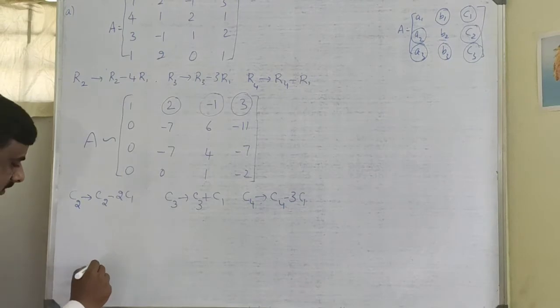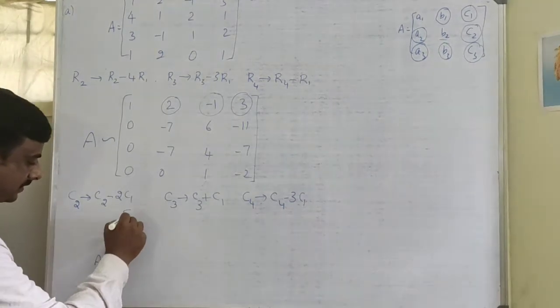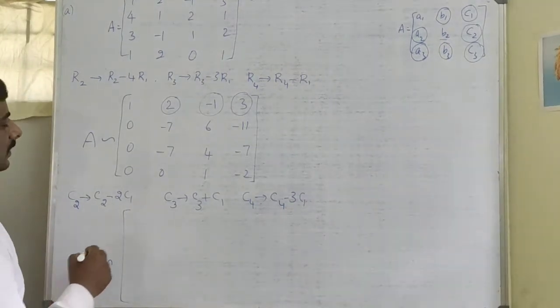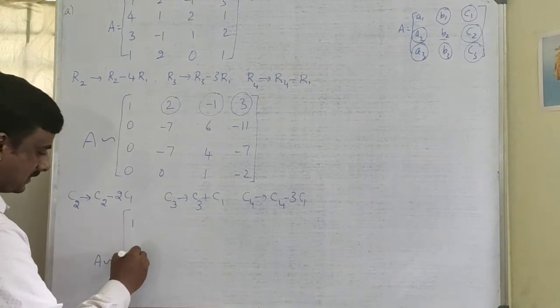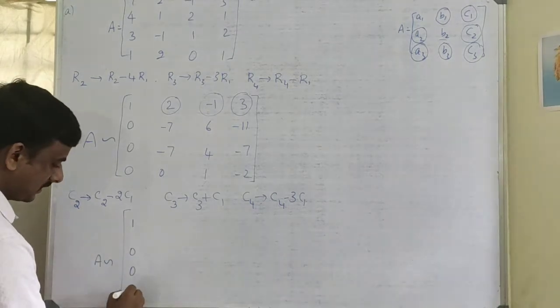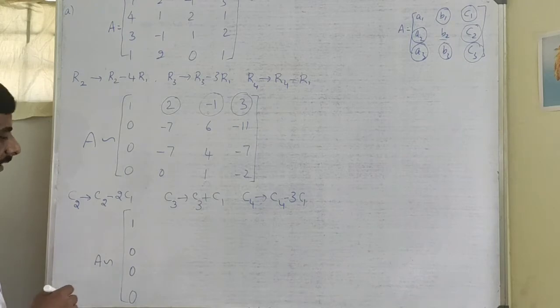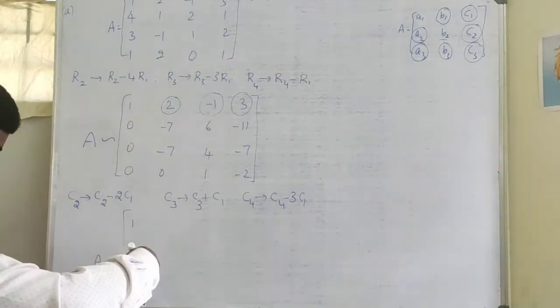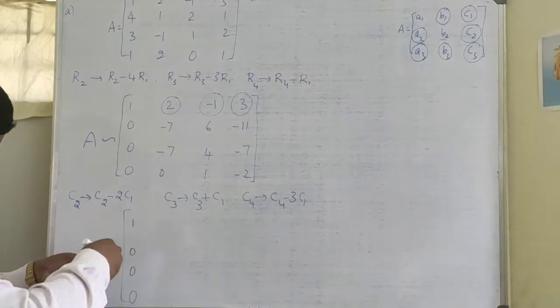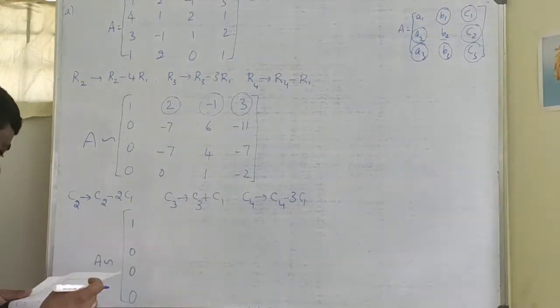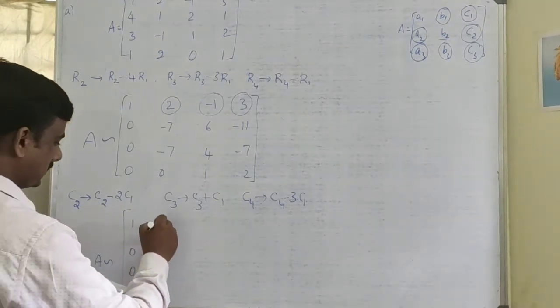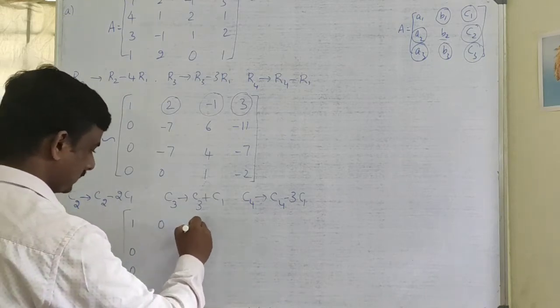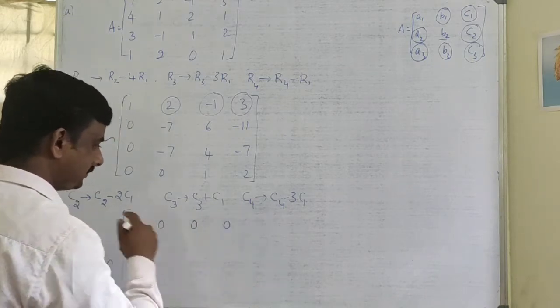Now applying operations, you get A equivalent to 1, 0, 0, 0 in the first row. The first column is 0, 0, 0 below the 1.